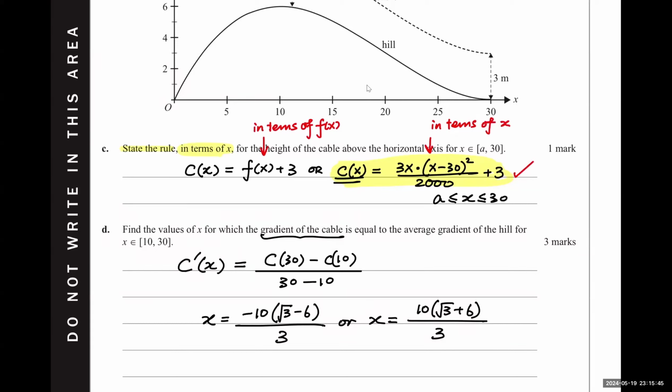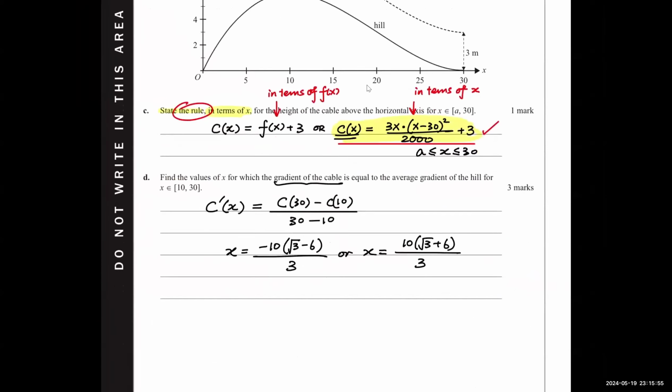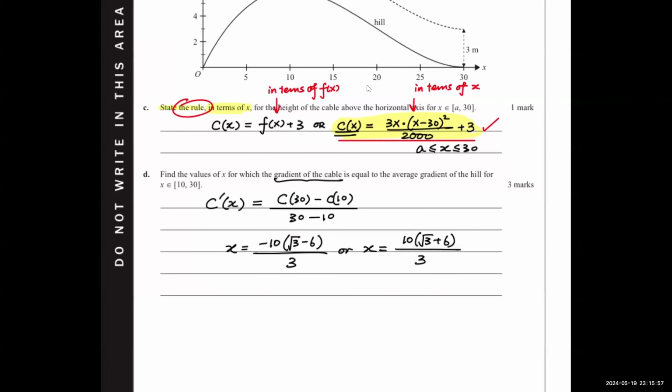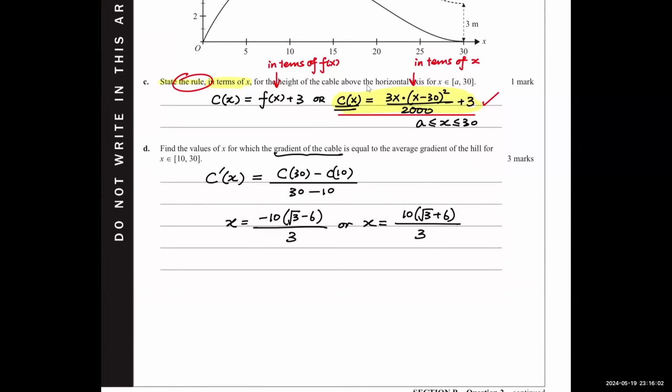So I would say this one should be the correct answer, okay? The whole thing, the rule, okay? State the rule, right? And yep, let's just put an extra thing here: solving for x between 10 and 30. Something along these lines.